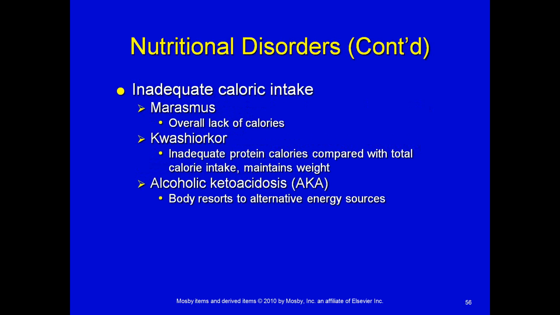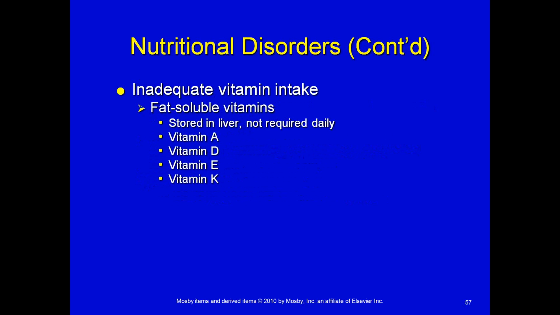And if the primary caloric intake is alcohol, we know how damaging that can be on the liver, the kidneys, overall weight, and heart disease, increased risk of stroke, all those things related to just resorting to using the energy found in alcohol.